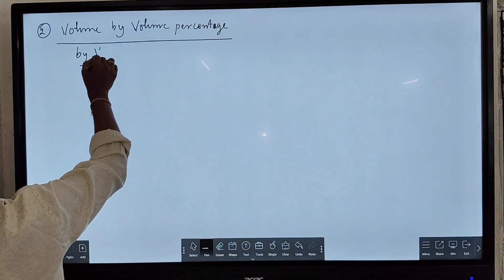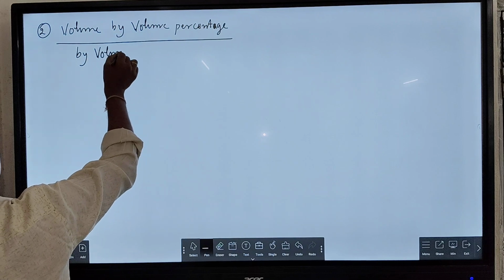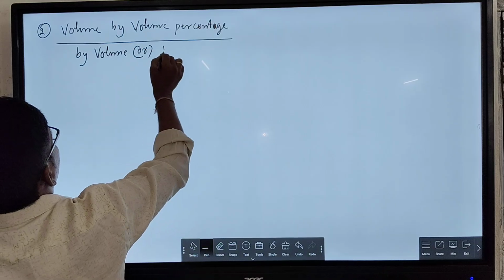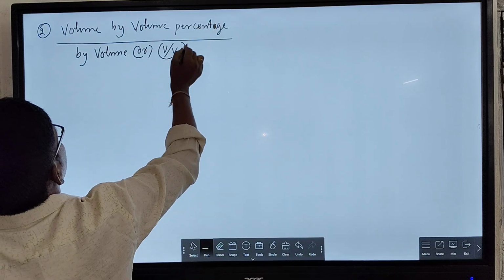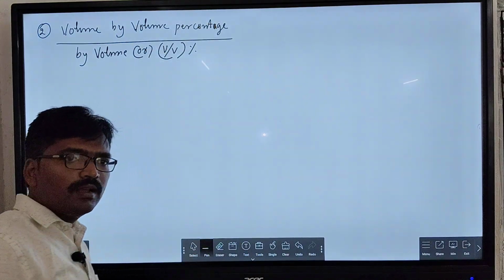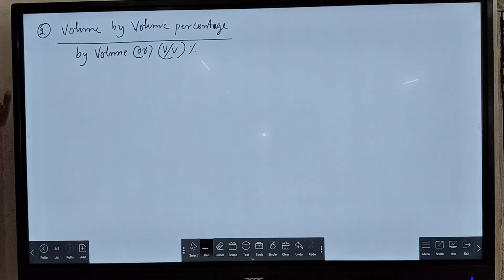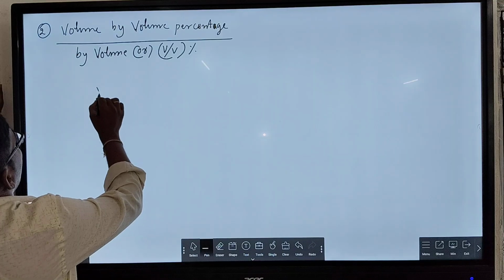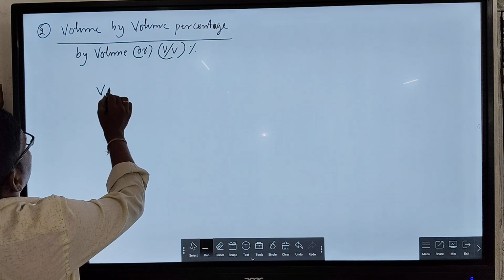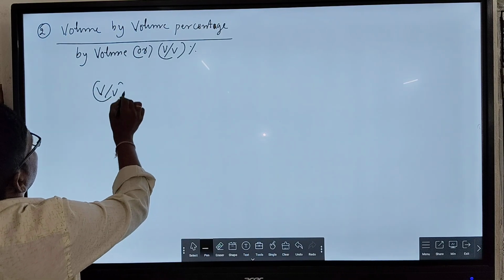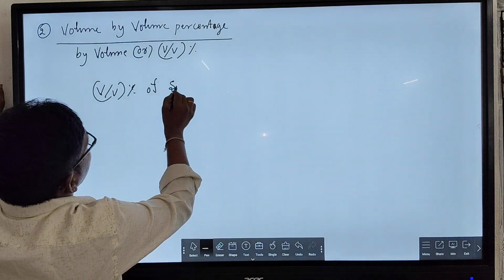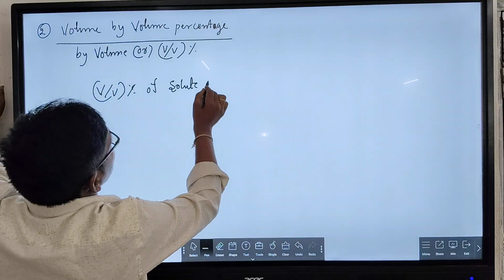By volume or volume by volume percentage, like this also we can note it, we can identify like this. So now, sir, what is the volume by volume percentage of solute, if they will ask solute?